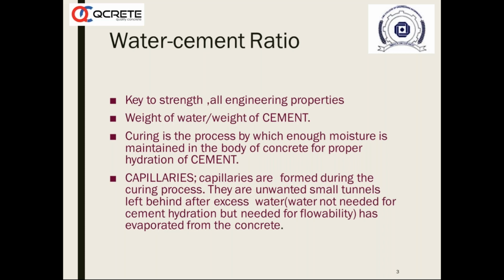So what we require is 110 kgs of water for a 400 kg cement content, but we are adding about 160 or 180 liters. So there is excess available water. And what is this excess available water? This excess available water in the body of concrete is called water of convenience. It is simply added to the body of concrete during mixing to make the concrete flowable, transportable.